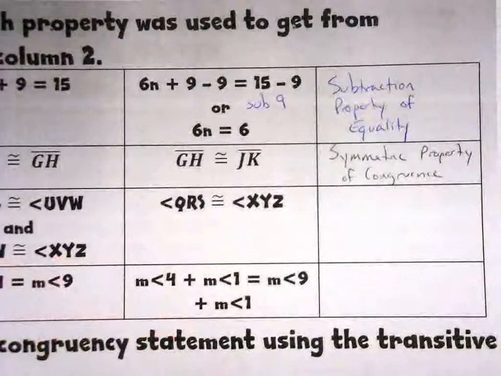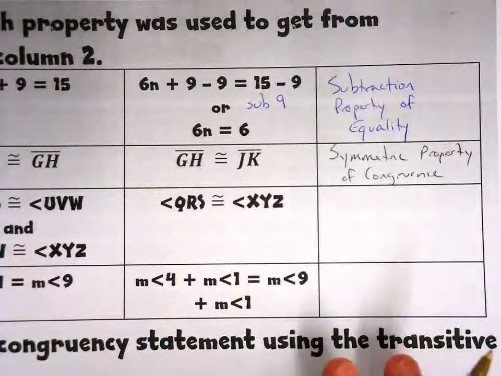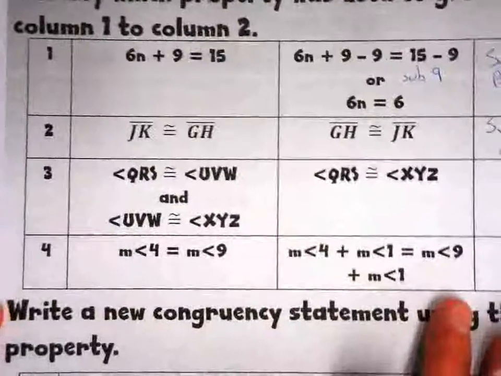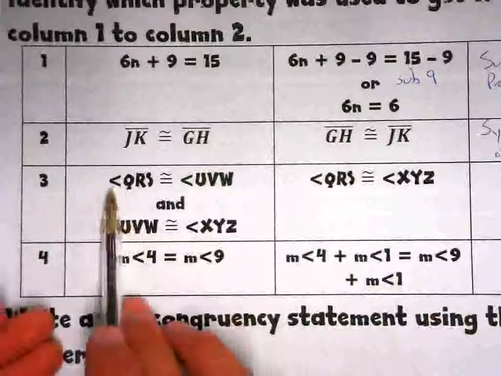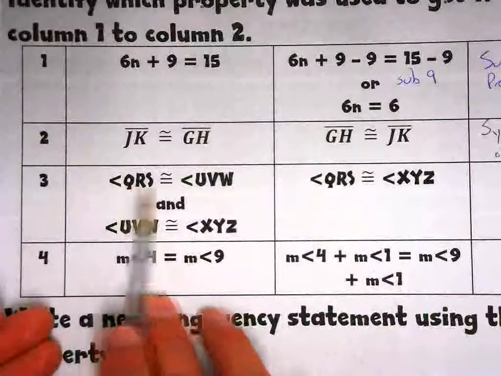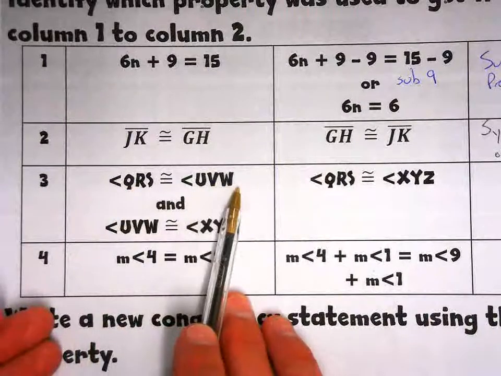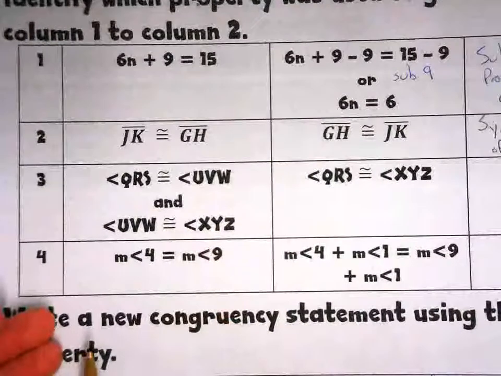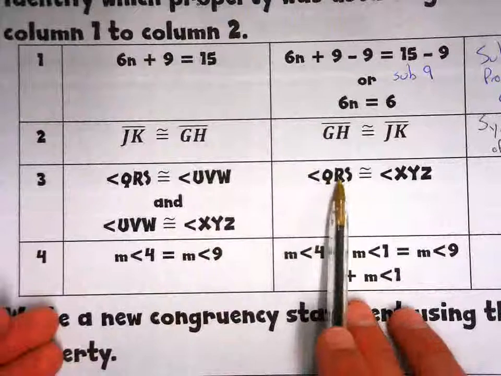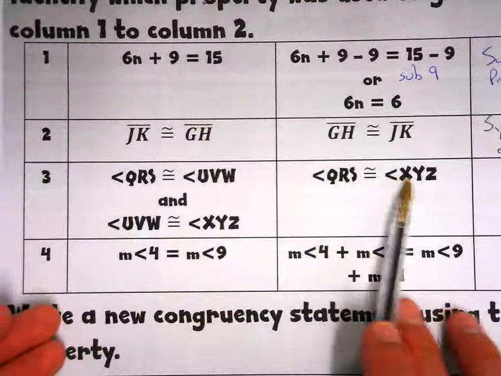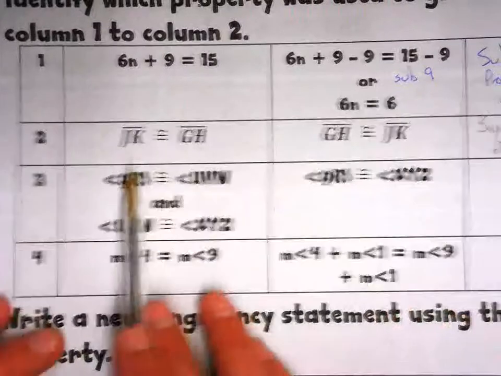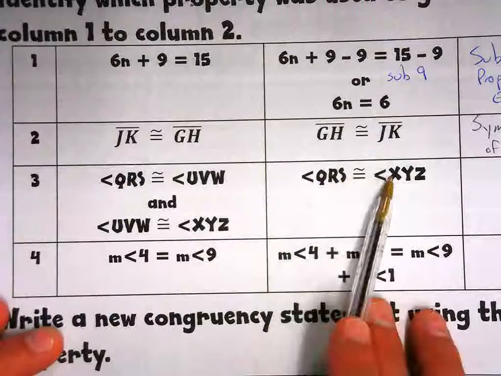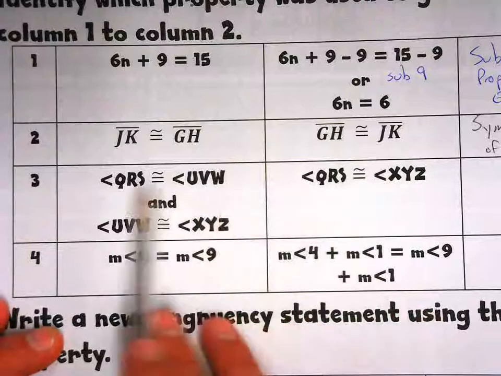All right, so now for the third row, this is red angles. We have angle QRS is congruent to angle UVW, and angle UVW is congruent to angle XYZ. So column 2 says angle QRS is congruent to angle XYZ. What just happened? So we've got to look. Well, here's QRS and here's QRS. That's interesting. Here's XYZ, here's XYZ. So it's like we just cut out the middleman. If this is congruent to this, and this is congruent to this, therefore, this is congruent to this.